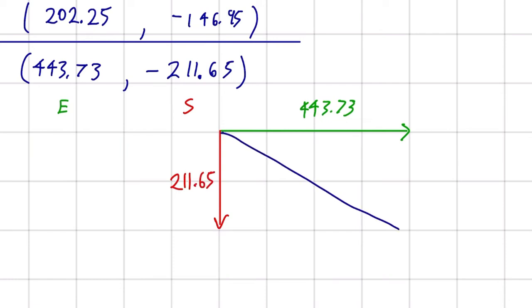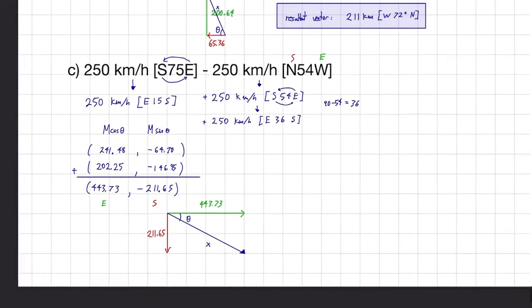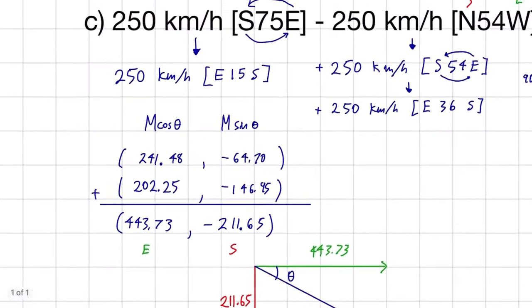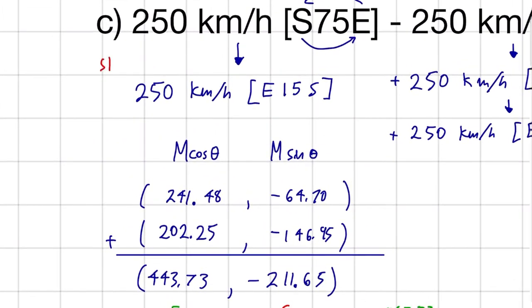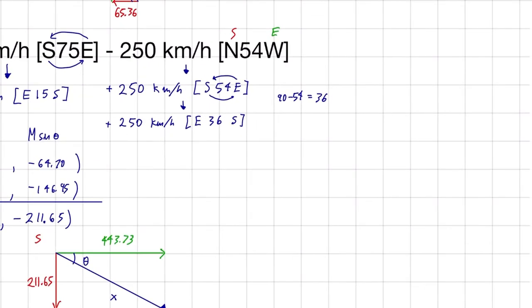So our resultant vector is going to look something like this, with magnitude x, an angle coming down from the east axis, some unknown theta. And I just want to go back and label our step 1. So that was our step 1. And that will bring us over here now to step 2.